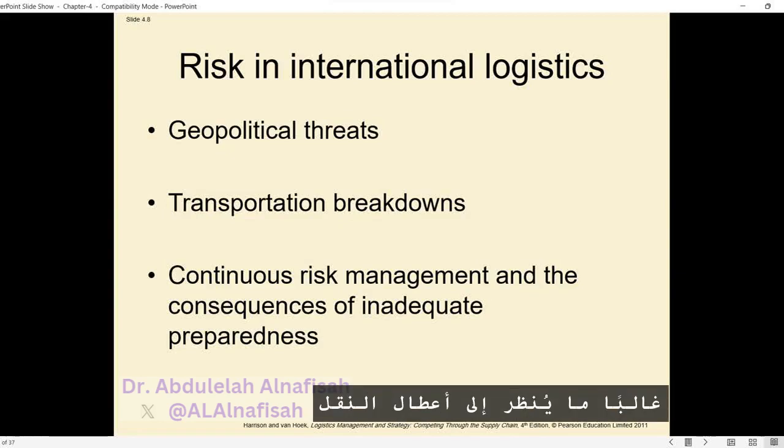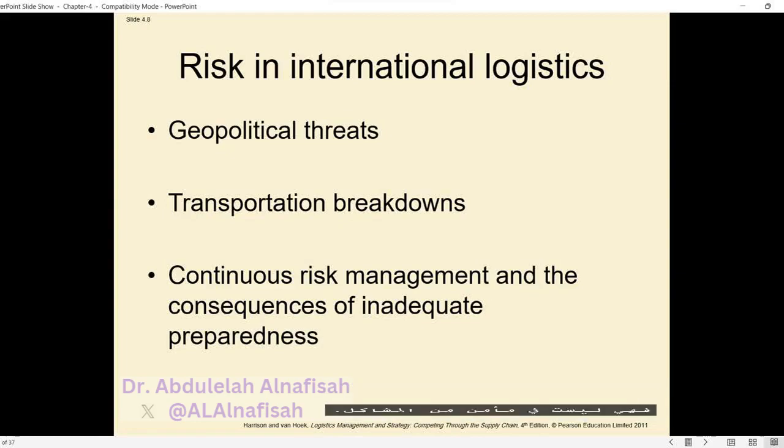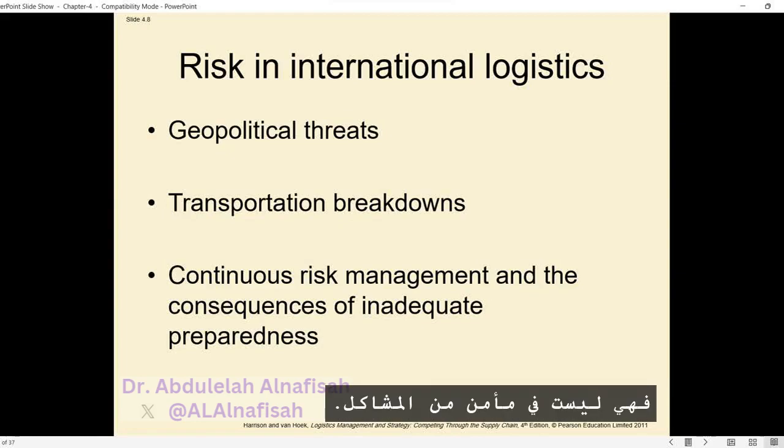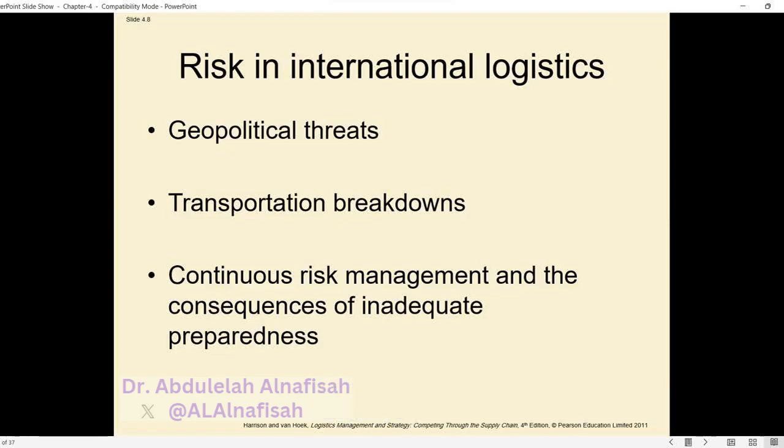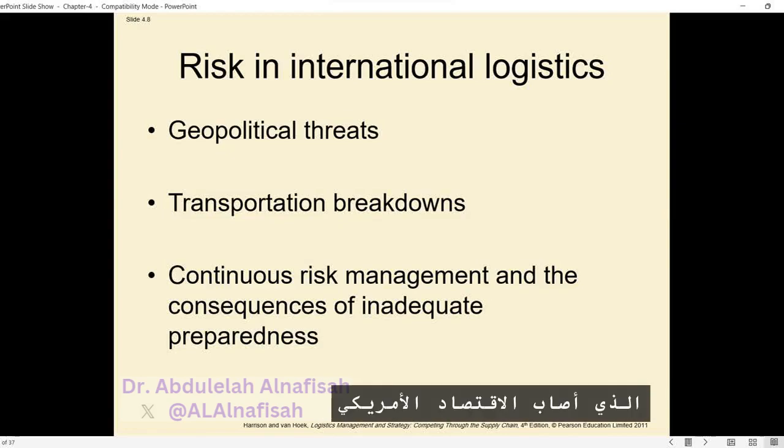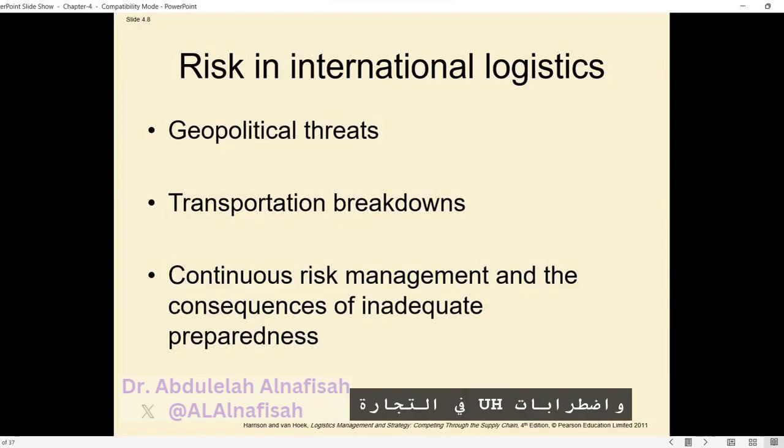Transportation breakdowns. While transportation is often seen as a commodity, it is not immune to problems. Take the example of a several-week strike at U.S. West Coast ports in 2002, which nearly crippled the U.S. economy. The strike resulted in delayed shipments, factory shutdowns, empty stores, and disruptions in global trade.